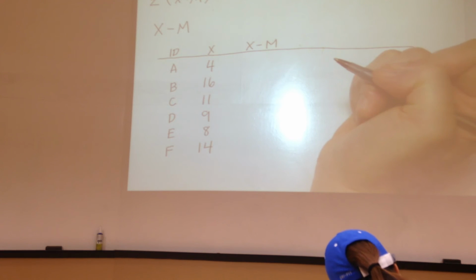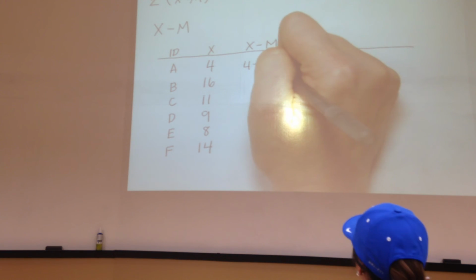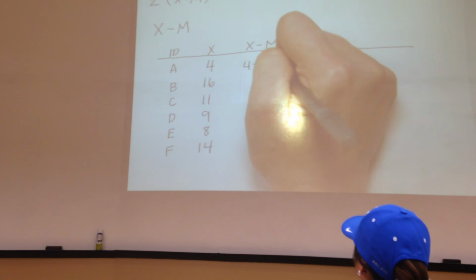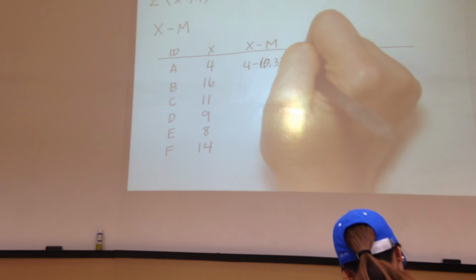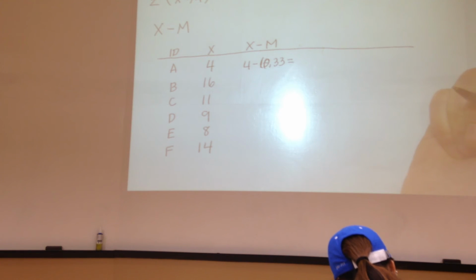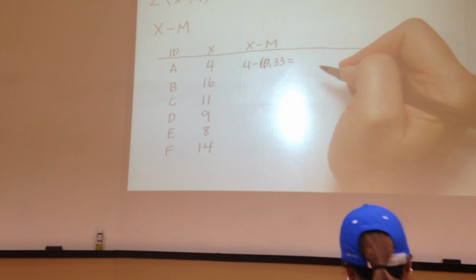Then that's going to be 4 minus 10.33, right? What does that equal? What's 4 minus 10.33? I have a vote for negative 6.33. Yep. You agree?